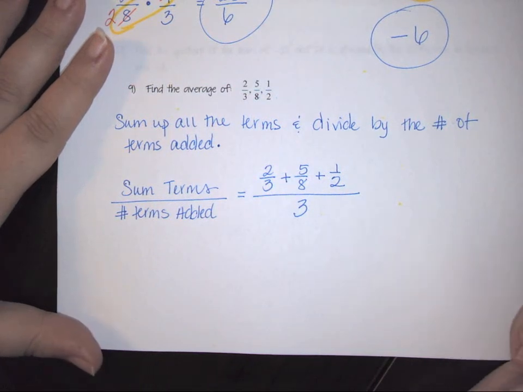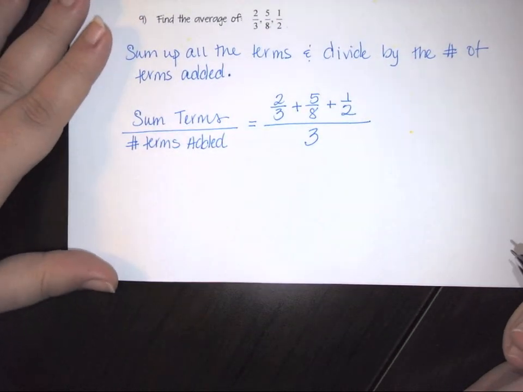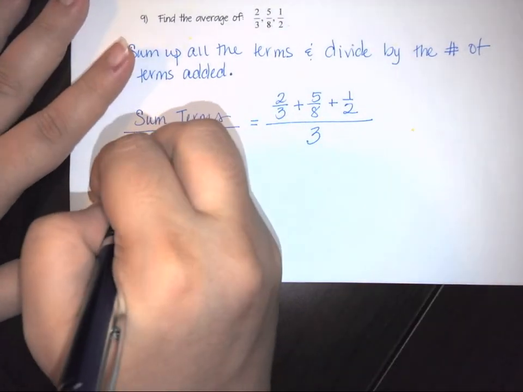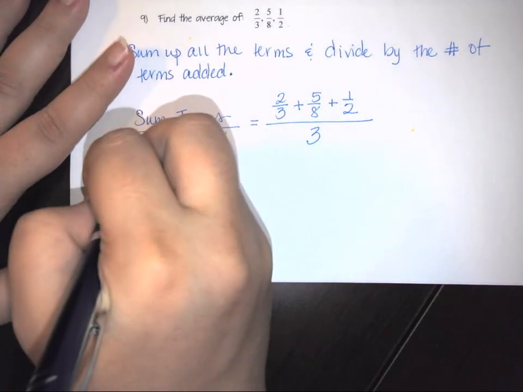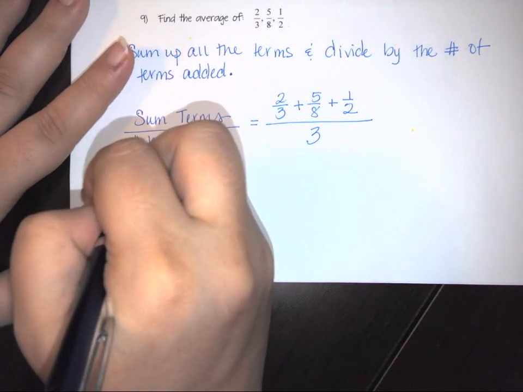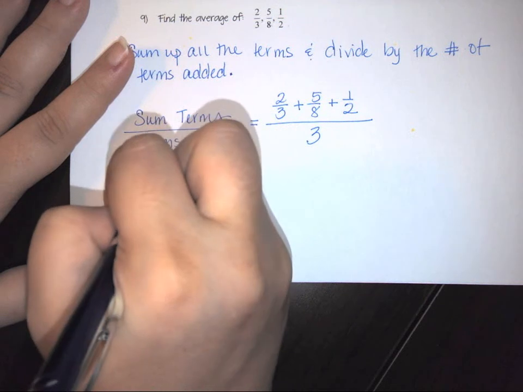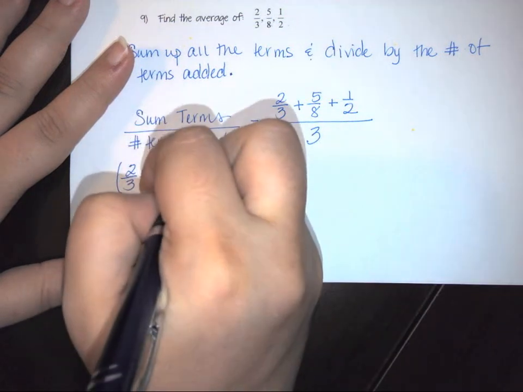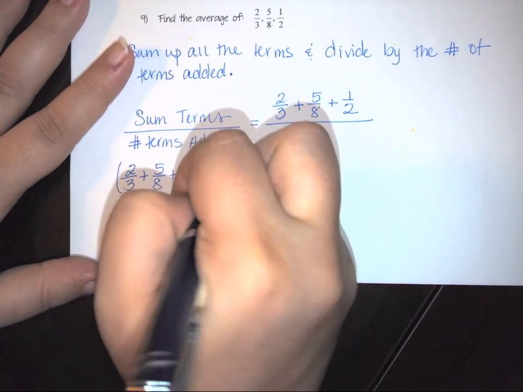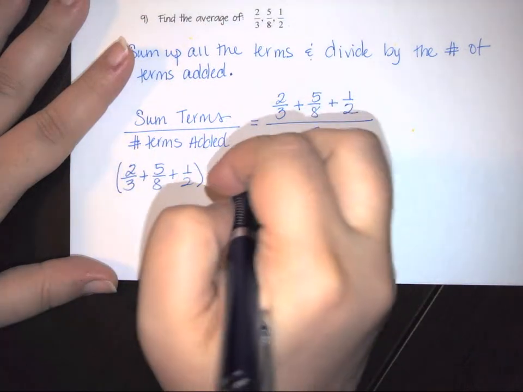So if I want to rewrite this into the order of operations I was doing, I would rewrite this by saying that I have 2/3 plus 5/8 plus 1/2 is divided by 3.